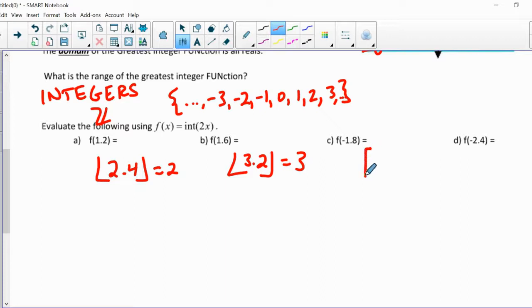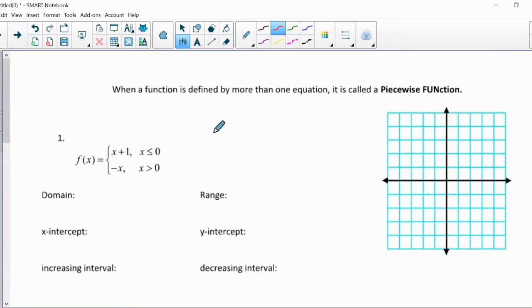This is going to be the greatest integer of negative 3.6, which, remember, when we have a negative, we have to go even further down, so that's negative 4. And then this is negative 4.8's greatest integer, which is negative 5. That's the greatest integer function.